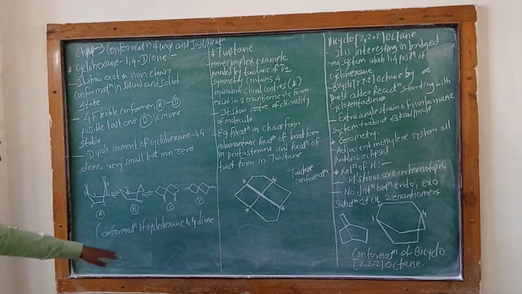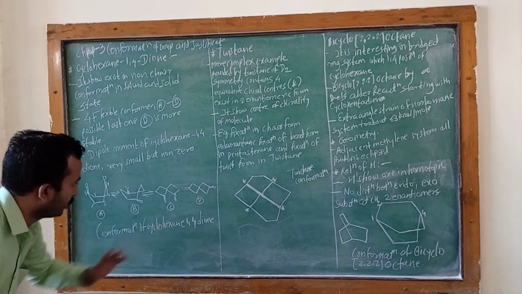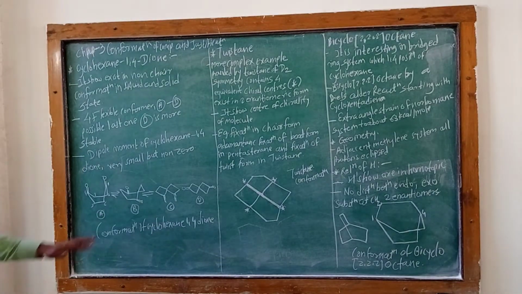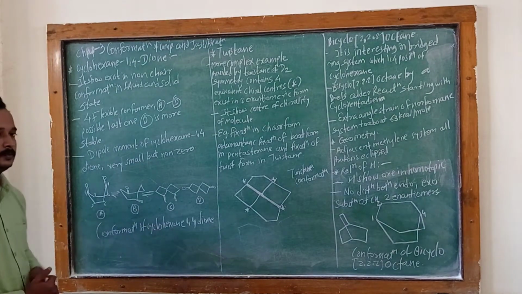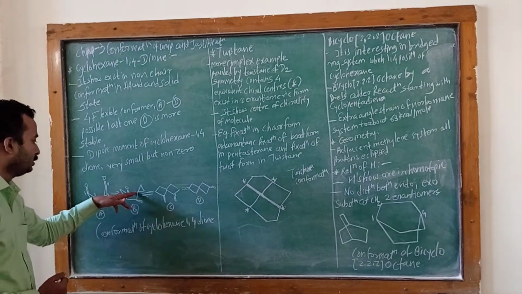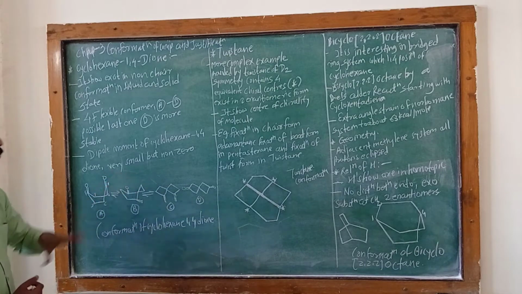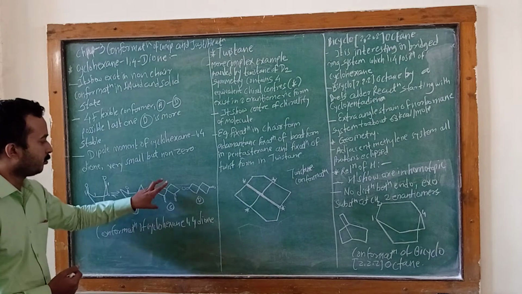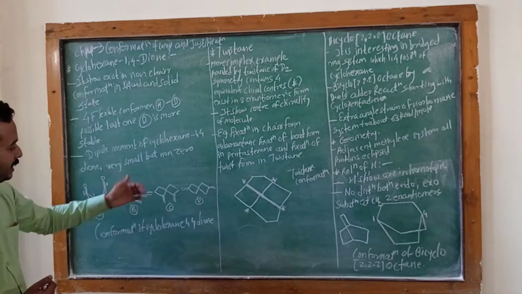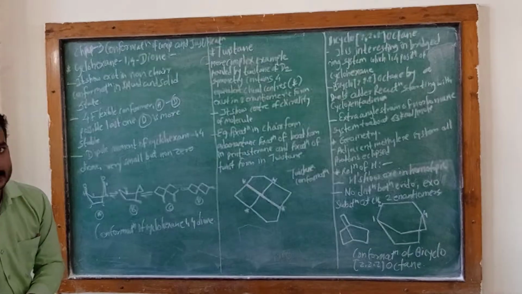This is the conformation of cyclohexane 1,4-dione. This is the first structure, about cyclohexane 1,4-dione, and it is an irreversible reaction forming this type of product, in both forms. And then it forms a spiro compound in which the carbonyl group is in the axial position.